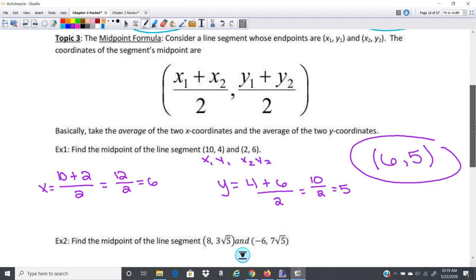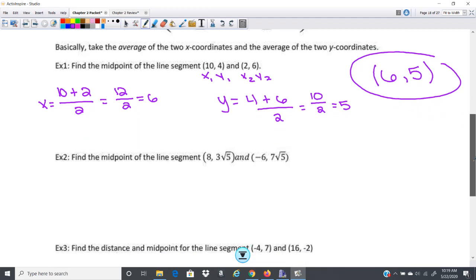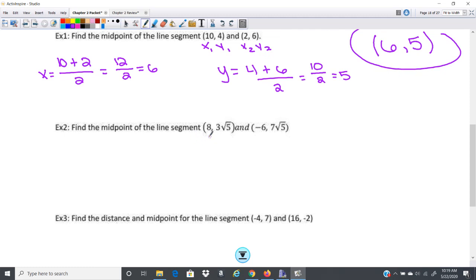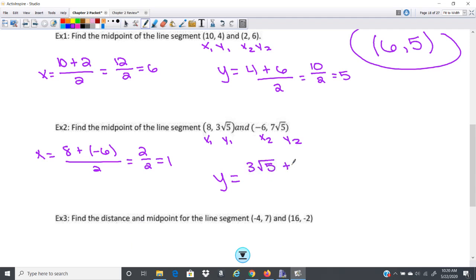All right, and then the next example, we have some radicals. So you're going to have x, 8 plus negative 6 over 2. That's going to give you 2 over 2, so 1 for your x value. Your y value, you have 3 radical 5 plus 7 radical 5 over 2.